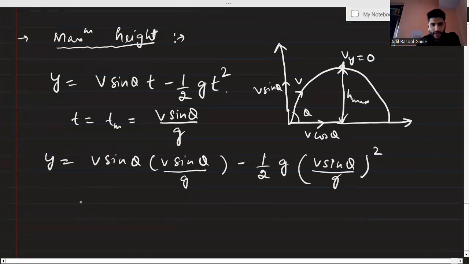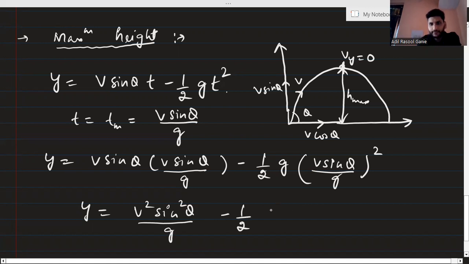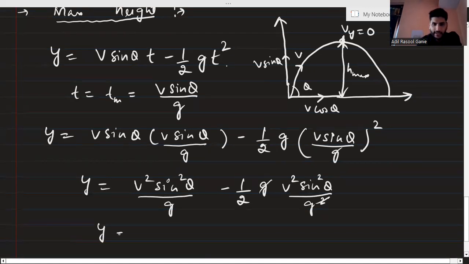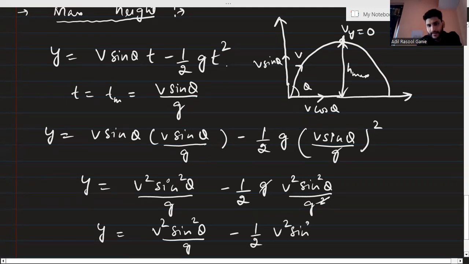If I further solve this equation, I get y is equal to v square sine square theta upon g minus half of g times v square sine square theta upon g square. This g and g will cancel each other, and what we get is y is equal to v square sine square theta upon g minus half of v square sine square theta upon g.